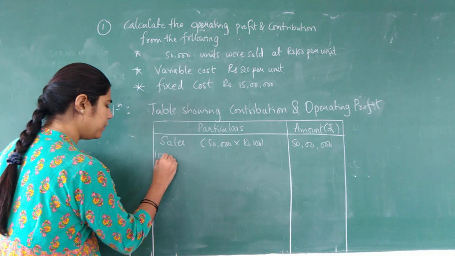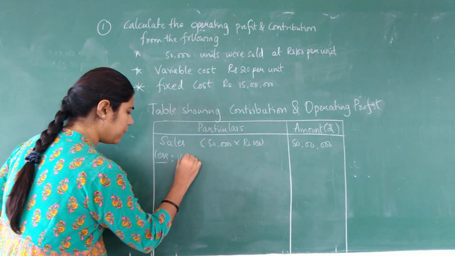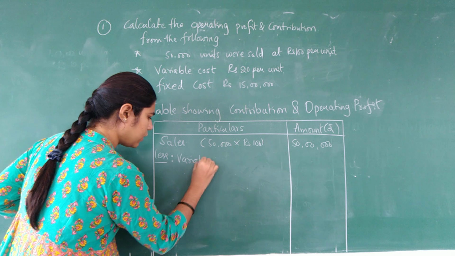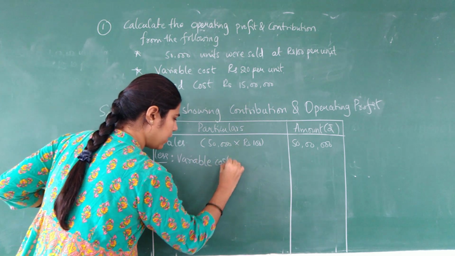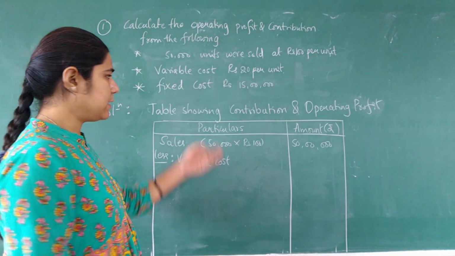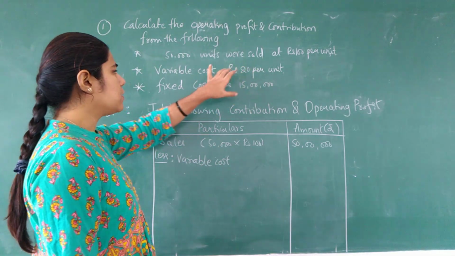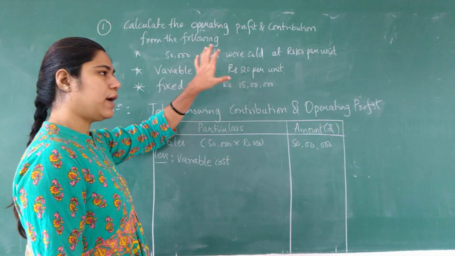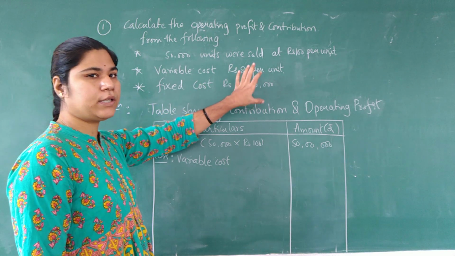The next step, less variable cost. Again the variable cost is not given. It always depends on the per unit, so they have given only the per unit price.